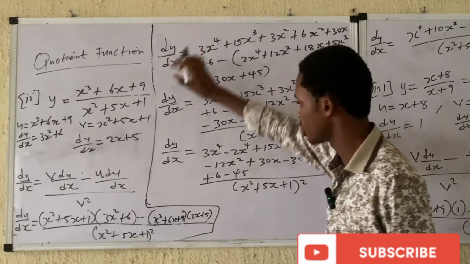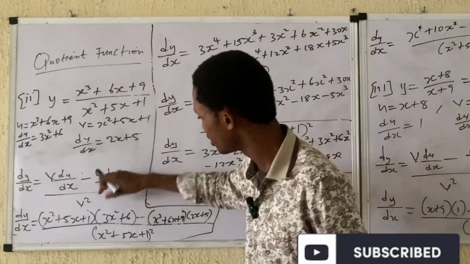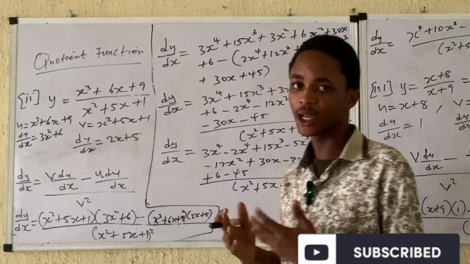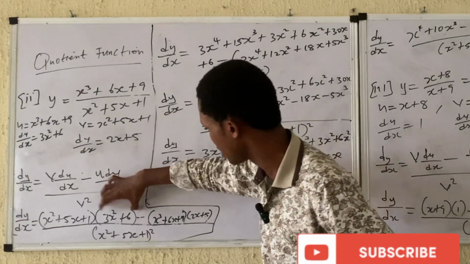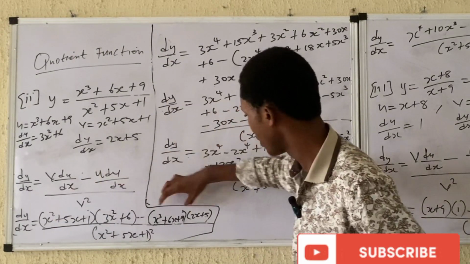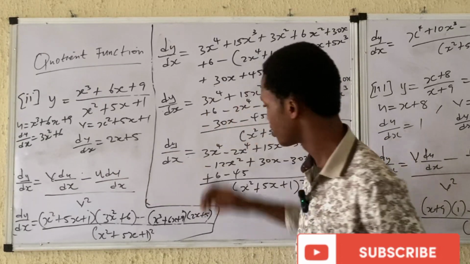Now for dy/dx, we try to expand this bracket by multiplying the brackets together. We use this bracket to multiply this one, while we use this one to multiply this one. That's how we go about problems like this.